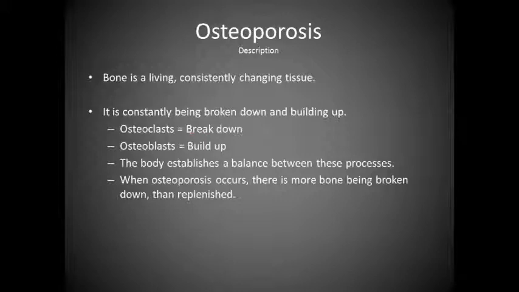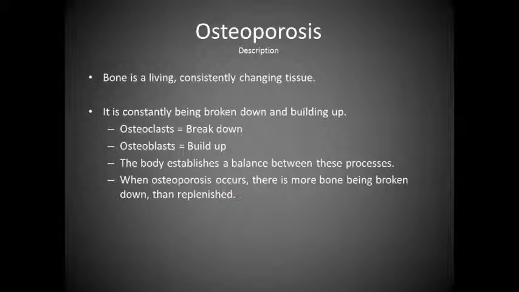The body establishes a balance between the osteoclasts and osteoblasts. And so you're striving for an equilibrium between the osteoclasts breaking the bone down and the osteoblasts replenishing it. As long as there's a balance, things are looking fine.